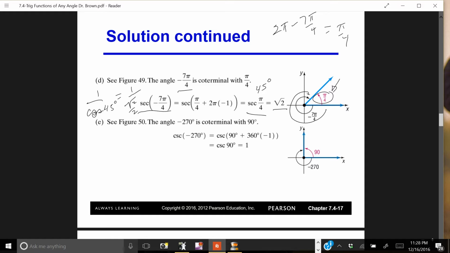Flipping that over, we get 2 over the square root of 2, equal to the square root of 2. If you had put this in your calculator, you would get 1.414, etc., which is the square root of 2.